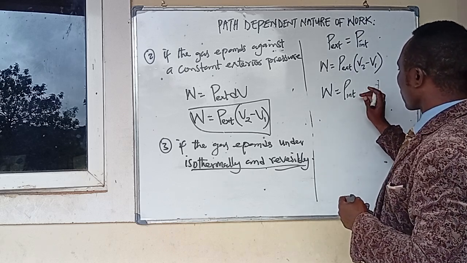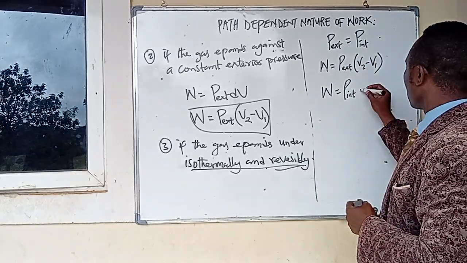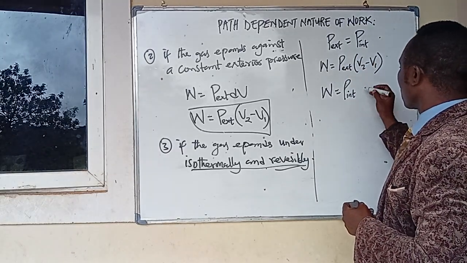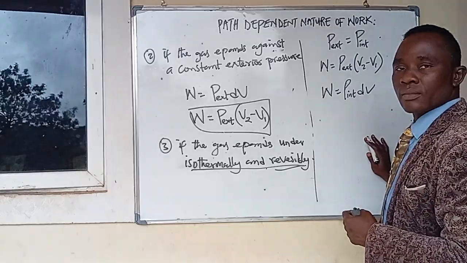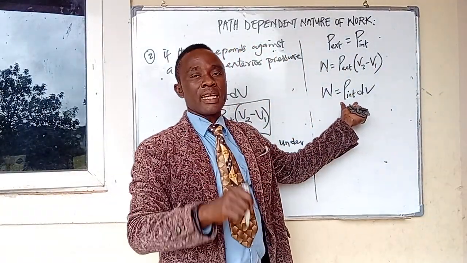P interior multiplied by ΔV, because the interior pressure is now equal to the exterior pressure. But we know that the interior pressure is actually the pressure of the gas.